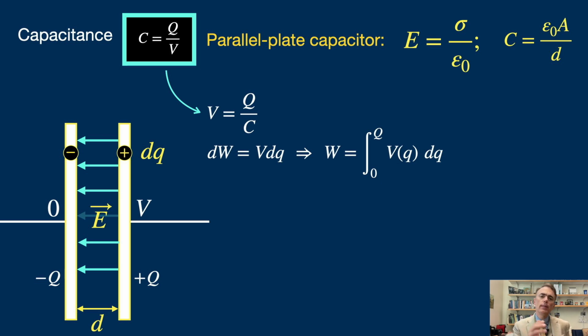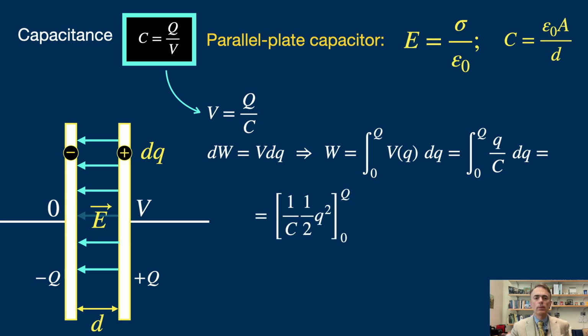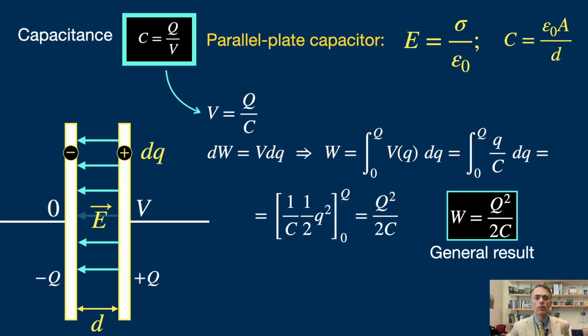So W is the integral from 0 to Q of Q over C dQ, which gives us U equals Q squared over 2C. We can also express this in terms of the potential difference V using the relationship Q equals CV.